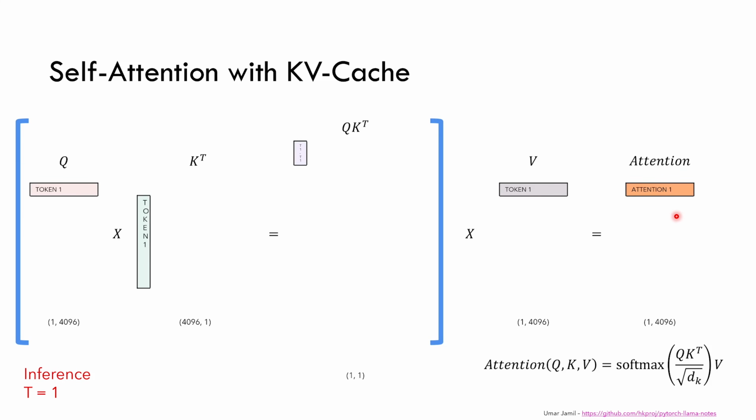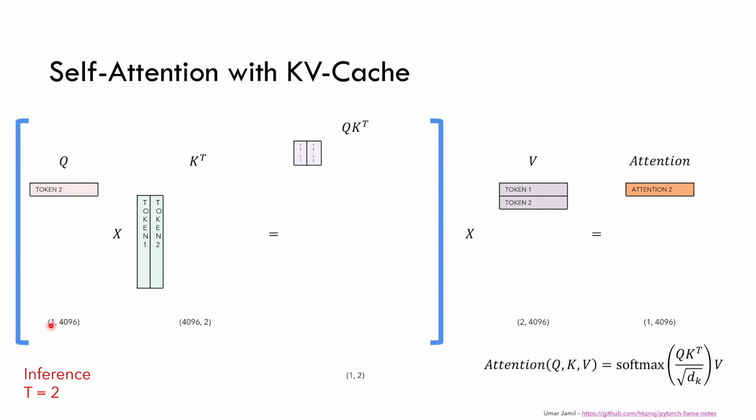However, at time step 2, we don't append it to the previous query. We just replace the previous token with the new token we have here. However, we keep the cache of the keys. So we keep the previous token in the keys, and we append the last output to the keys here, and also to the values.